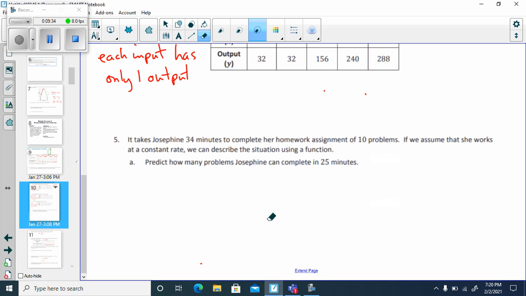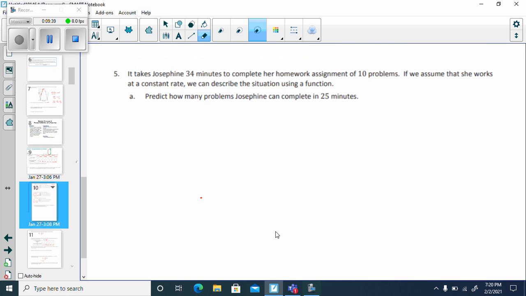Now let's look at number 5. It says, it takes Josephine 34 minutes to complete her homework assignment of 10 problems. So we've got 34 minutes, 10 problems. If we assume that she works at a constant rate, that means this is a linear equation. We can describe the situation using a function.